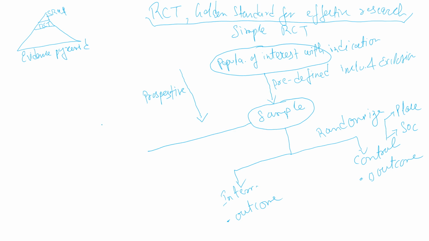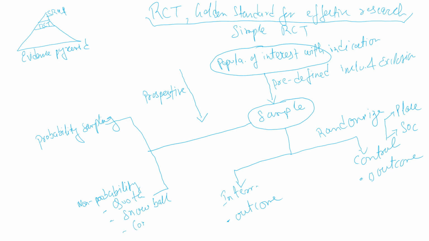Now let us try to understand this sample. What are the different methods of sampling? Sampling methods can be classified under two broad heads, which are probability sampling and non-probability sampling. Under non-probability, it could further be divided into quota sampling and convenience sampling.